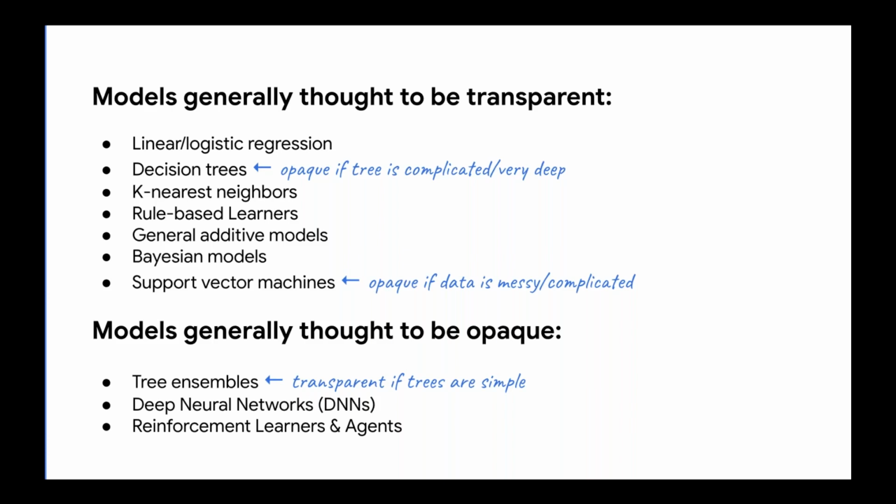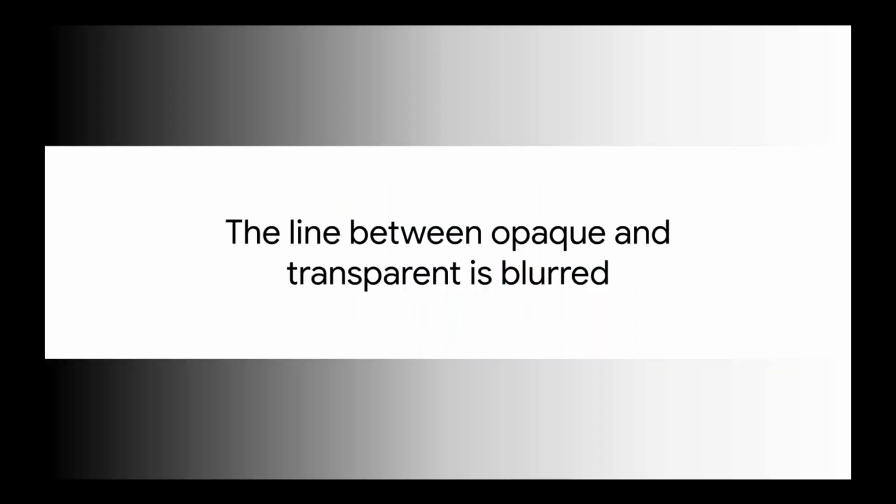But actually those lines are a little bit blurry. There are certain model types that might be transparent in some situations, but as they get more complex or the function to be approximated gets more complex, they become more and more opaque. So the lines aren't clearly drawn between what counts as transparent and what counts as opaque.